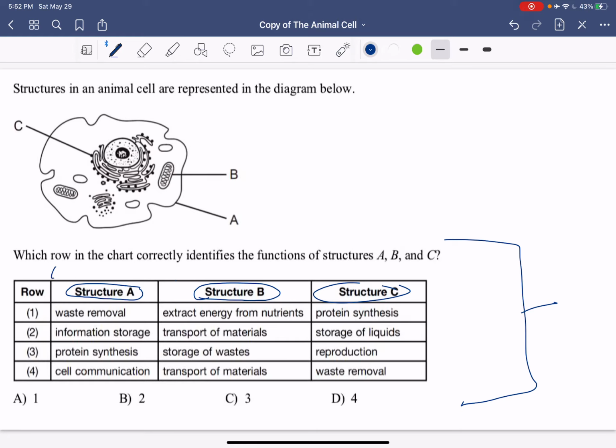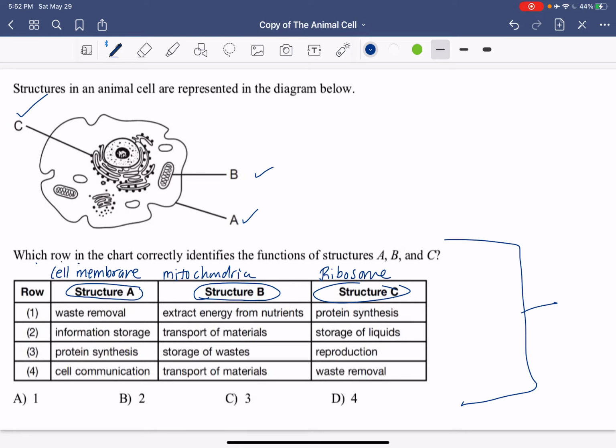Structure A is a cell membrane. Structure B is the mitochondria. Structure C is the ribosome. Okay.